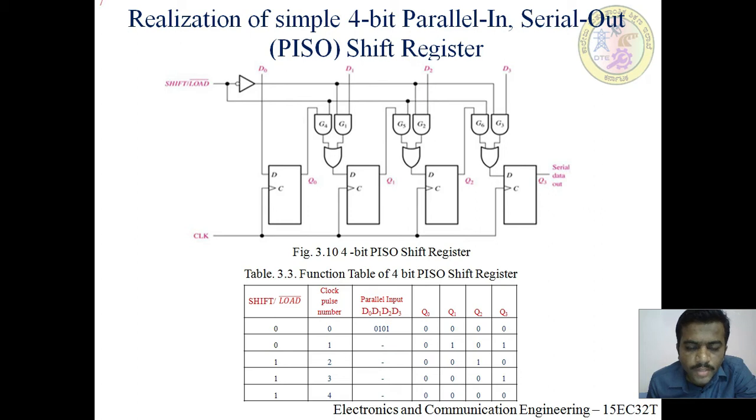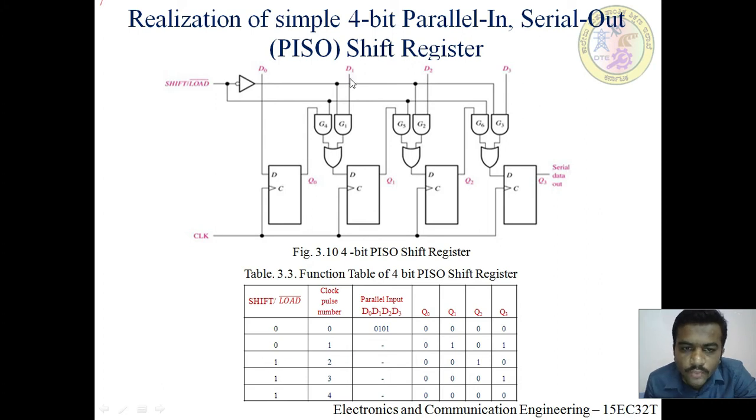We have applied a binary 0 to D0 input, binary 1 to D1 input, binary 0 to D2 input and binary 1 to D3 input. With the shift/load bar signal set to 0, when the first clock pulse is applied, the value of D0 is loaded into the first flip-flop and this value will appear at the output Q0.